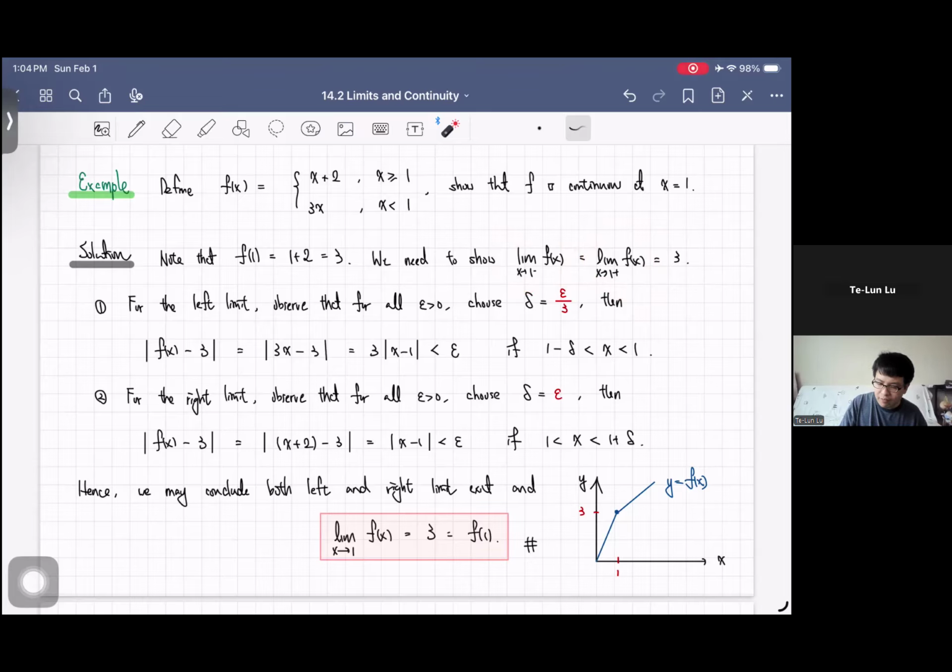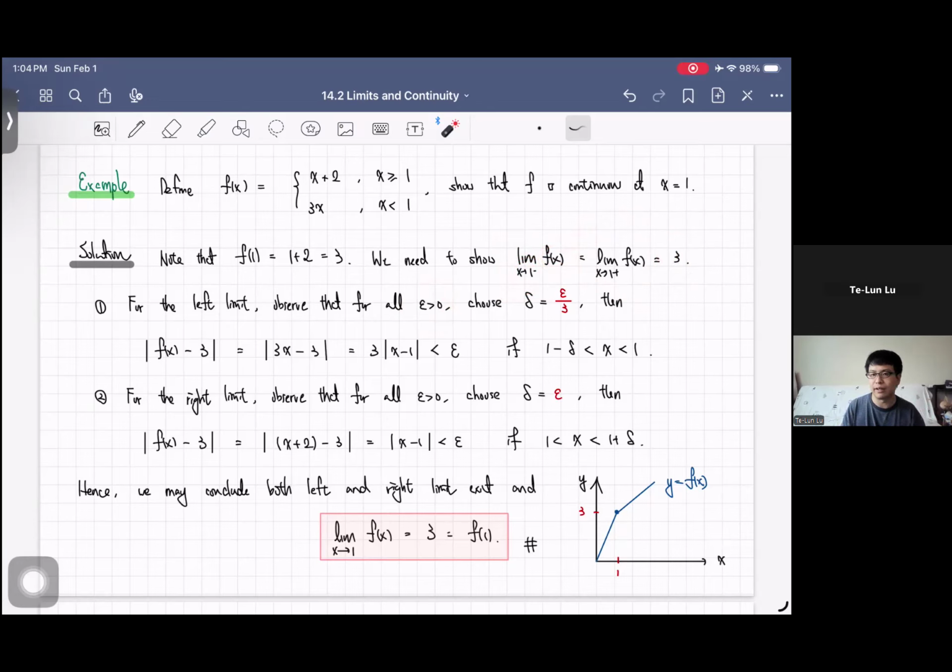As for the left limit, what we want to show precisely is that whenever x is close to 1 from the left, then f of x is close to 3. Okay, that's our proof. So let us choose an arbitrary epsilon. The epsilon should be arbitrary. We can choose any number: you can choose 100, you can choose 10, you can choose 10 to the minus 1,000.